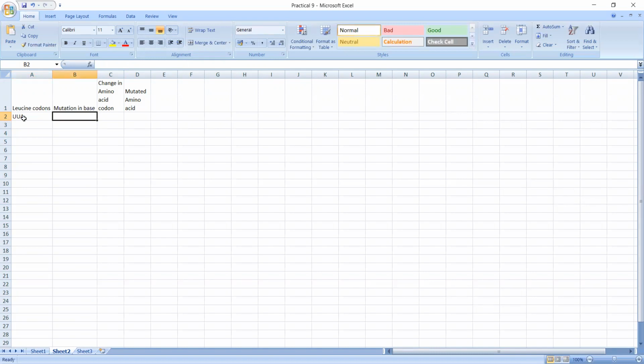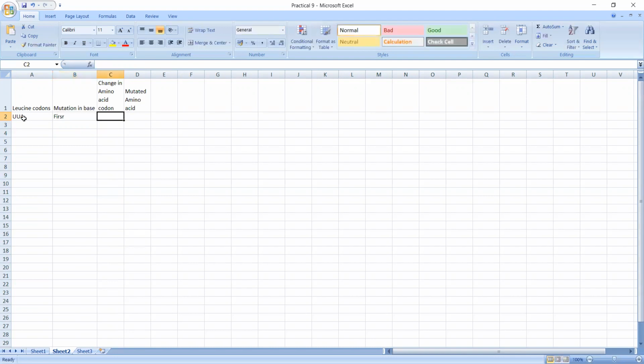Remember, what is the first base of leucine? Now there are 3 bases you can see. The first base is U. Second base is again U. Third base is A here. So mutation in base, here I will write the first base.